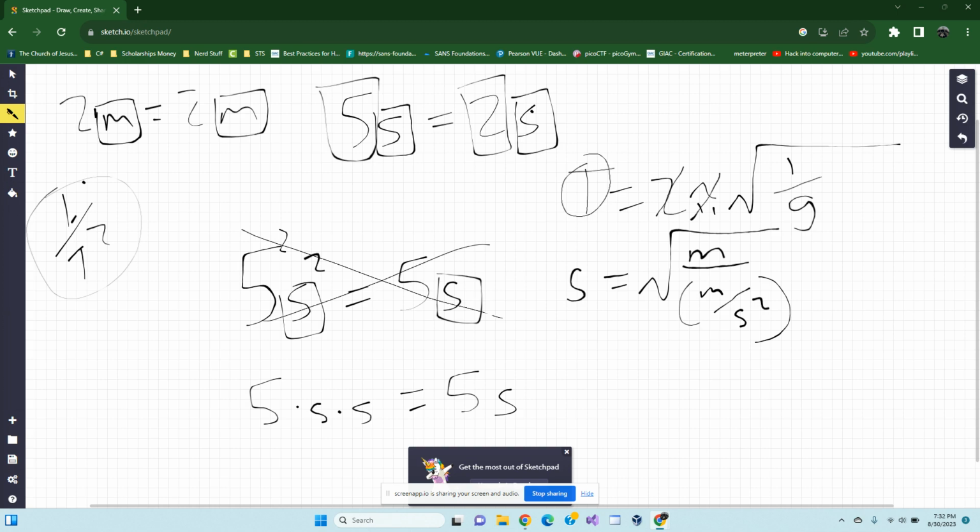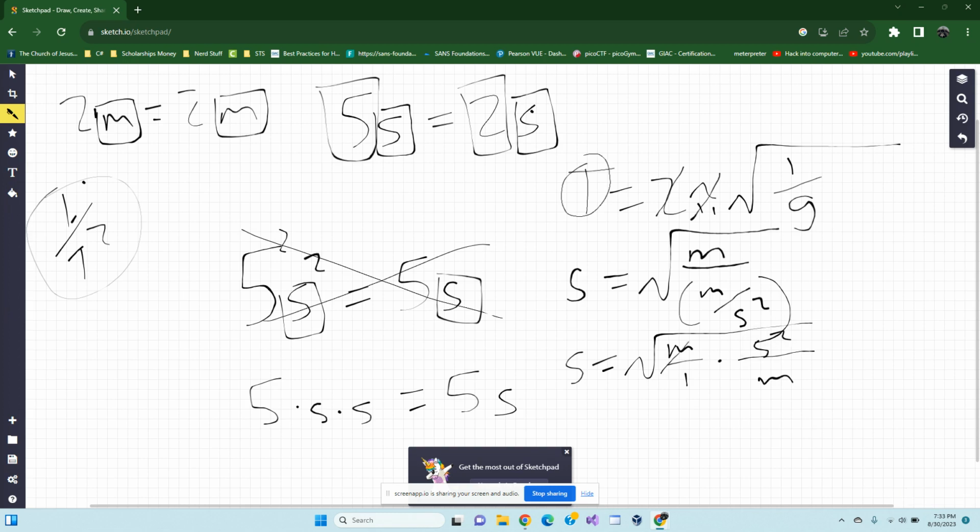So let's simplify this part. We have s equals the square root, and remember, when dividing by a fraction, it's just multiplying by the reciprocal. So we have m over 1 times, m was on the top, now it's going to be on the bottom, and s squared is going to be on the top.